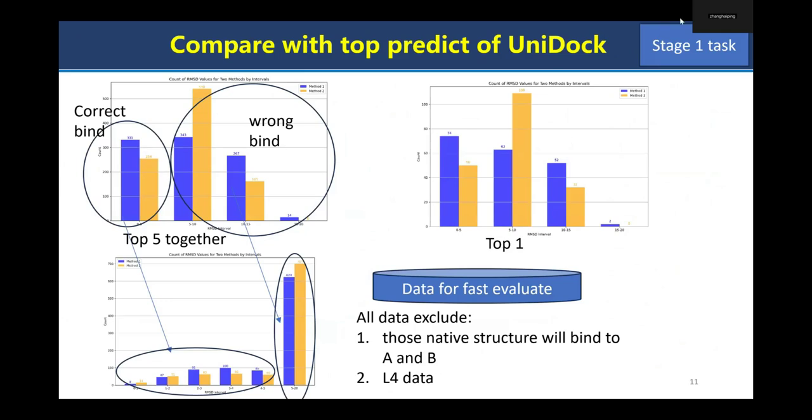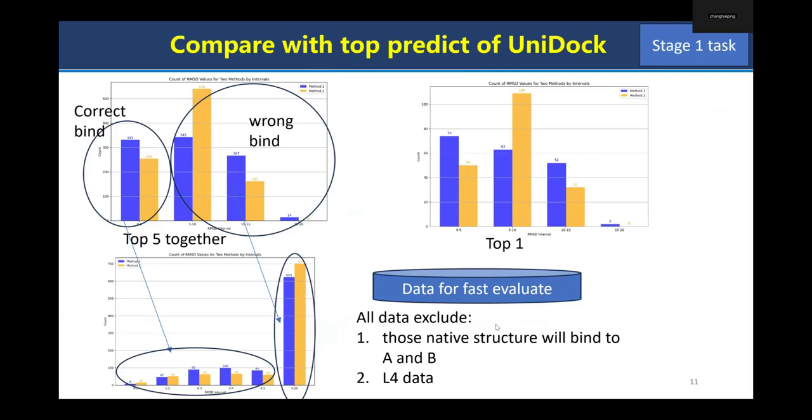Compared with the traditional method, because we rely on UniDock, we want to see whether our method really has an improvement over the traditional one. So we selected the data for a faster evaluation.